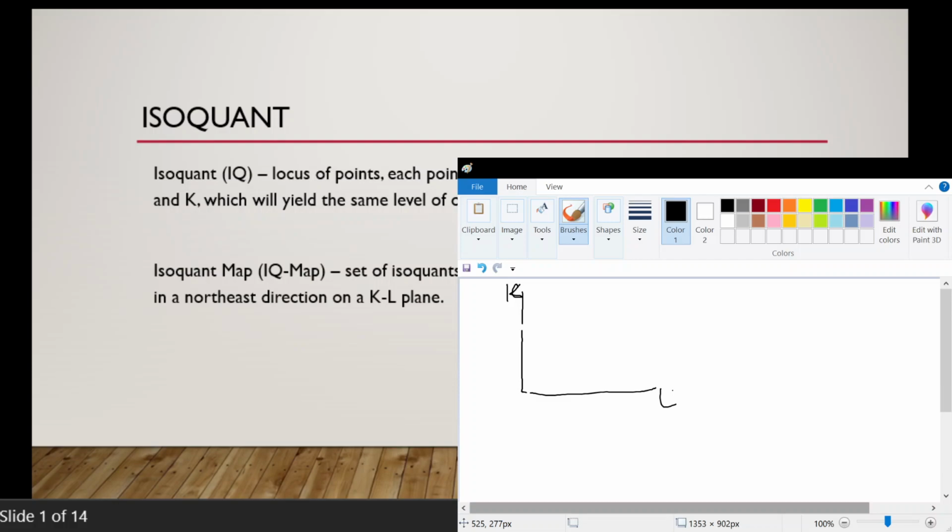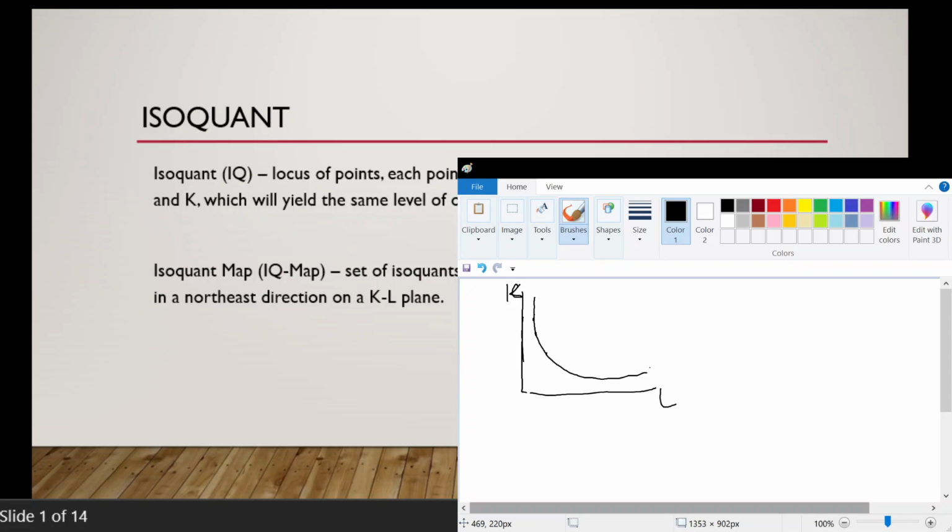And yung isoquant natin is ganito. Para din siyang indifference curve. So, isoquant, it is a locus of points. So, any point here represents different combinations of K and L. Pero kapag yung point natin lies within the same isoquant, then it means same level of output is being produced.